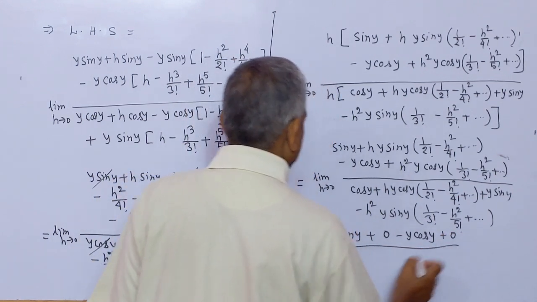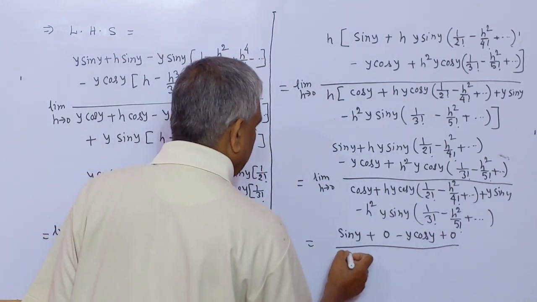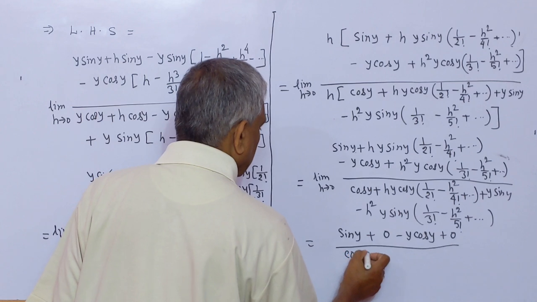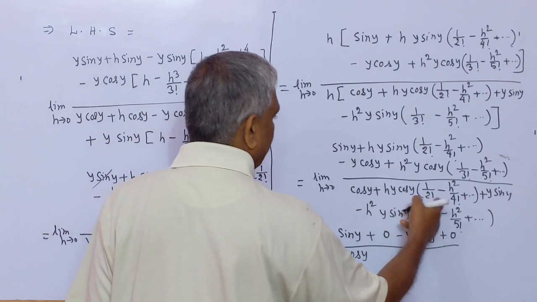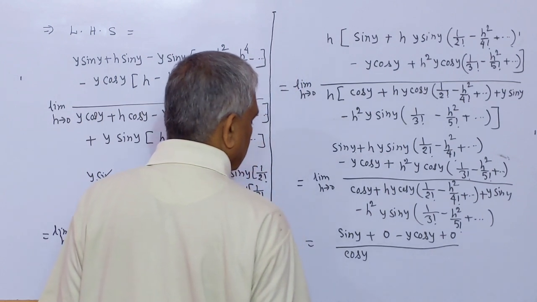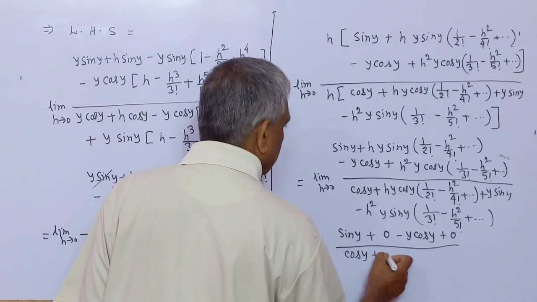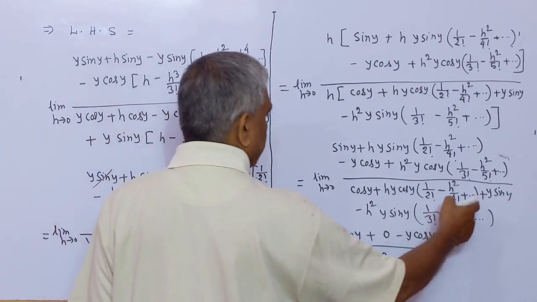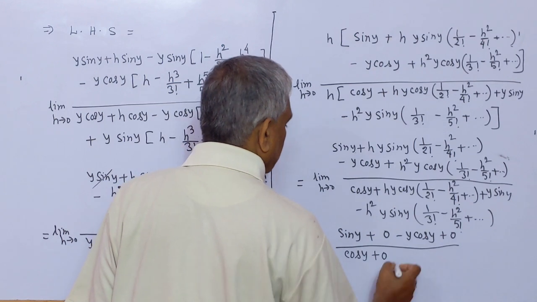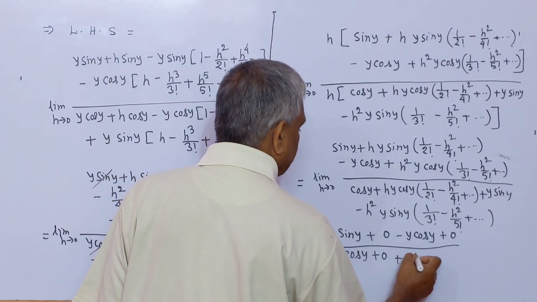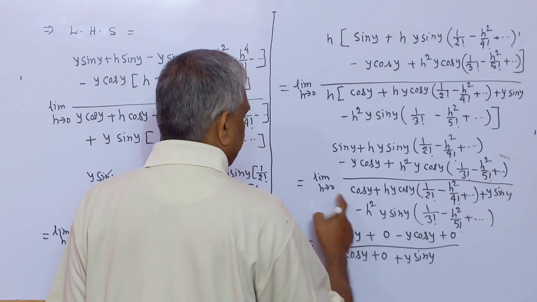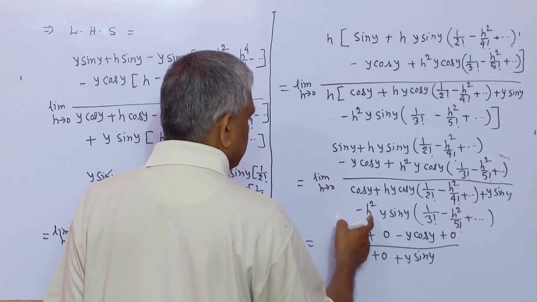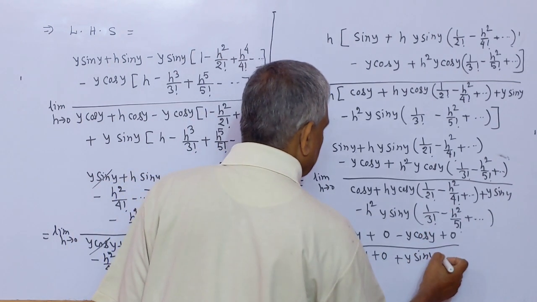By here cos y, using limit h tends to 0, this is 0, 0 multiply this bracket, 0. So plus 0. Here plus y sin y, and using limit h tends to 0, this is 0, 0 multiply this, 0.